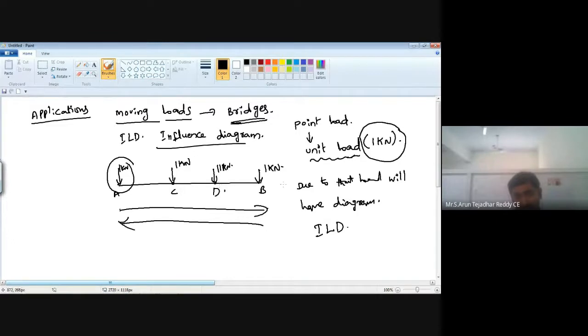After that I will show you the influence line diagram for reaction, for shear force, and for bending moment. Just remember one point here: consider a structure in which one unit load is traveling from A to B or B to A. Due to that load, we draw one diagram that is called an influence line diagram.